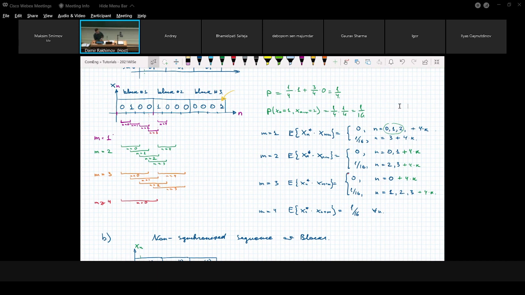For this specific case, you have just 0 and 1, so if you calculate the square, it will again be 0 and 1. The question is, what's the probability that you have a non-zero result? It will be 1 by 4, because each block is independent, and within each block you have only one non-zero element out of 4. So we should put somewhere that for m equals 0, we have 1 by 4.